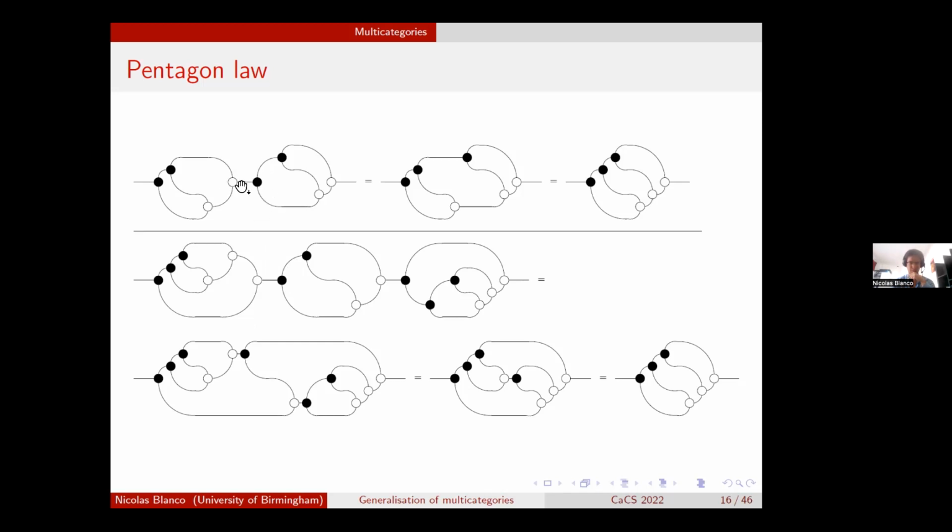So there, this thing, I remove it, and I just straighten this wire there. And same for all of this. And so this proves that these things are equal. And what is that? Basically, the idea is that I have A tensor B tensor C tensor D, everything bracketed on the left. I eliminate all the tensor products, and then I reintroduce them, but starting from the right. And so this gives kind of an intuitive way of thinking about what is going on in this monoidal category.